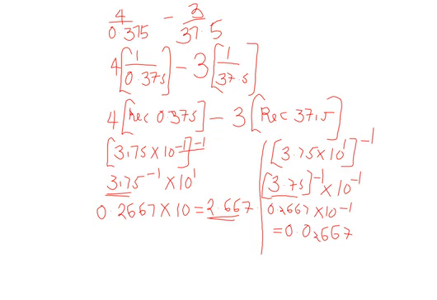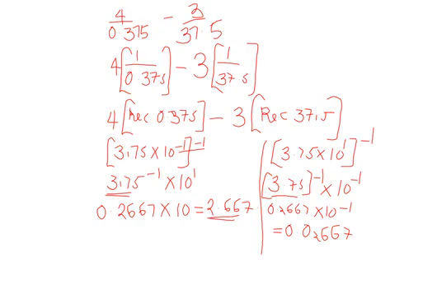Now we were supposed to multiply the reciprocal of 0.375 by 4, then we subtract 3 multiplied by the reciprocal of 37.5. So we have 4 multiplied by the reciprocal of 0.375, which we obtained as 2.667.